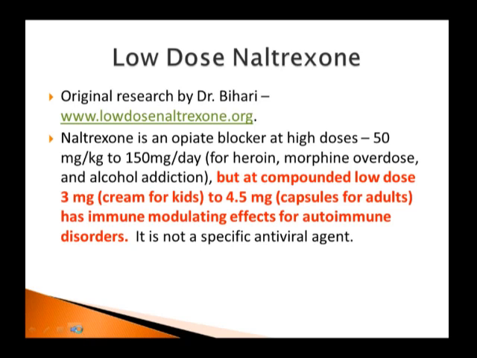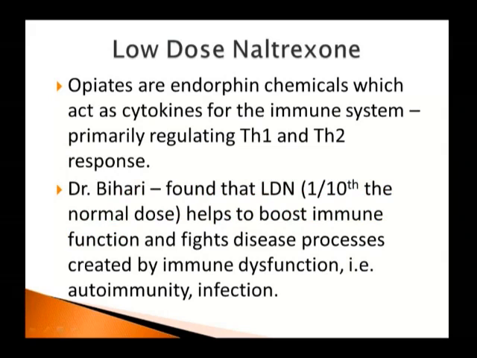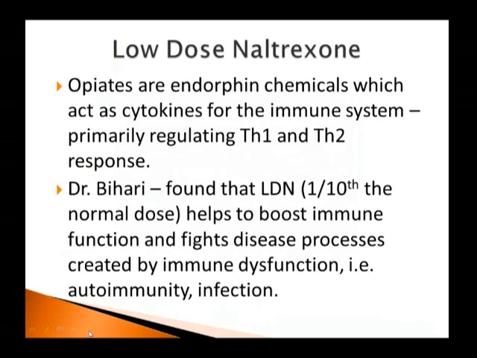and what it's doing is it's having a modulating effect over the immune system, particularly with respect to autoimmunity. And to just simplify it here, it's having a regulating effect over the Th1 and the Th2 sides of the immune system, bringing it back toward the middle, so that the immune system isn't being weighted so far to either side.